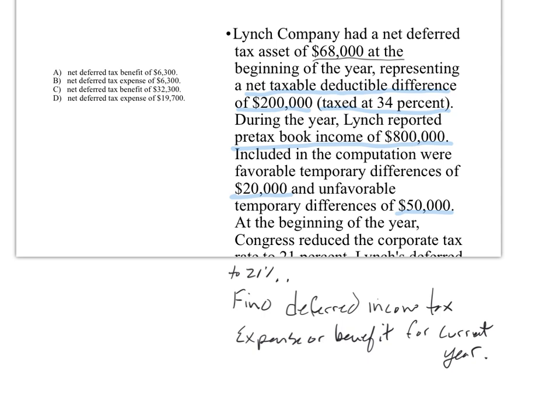All right, so now let's look at what we've got. And for me, I think the easiest way to do this is to look at it from a T account approach. So what do we have at the beginning? Well, we have a net deferred tax asset of $68,000. So I'm going to do my T account right here.